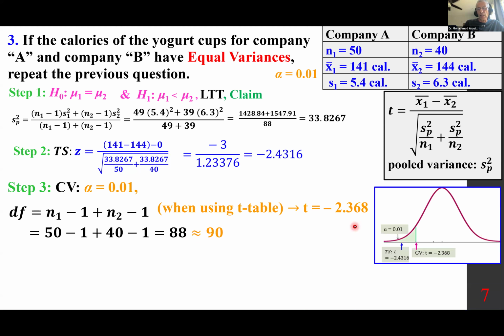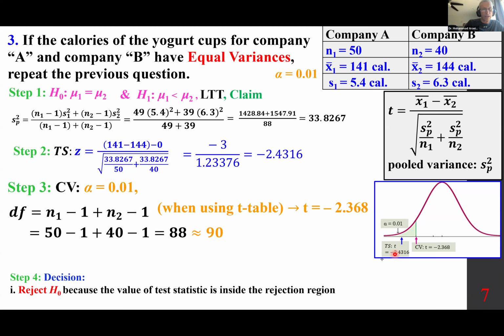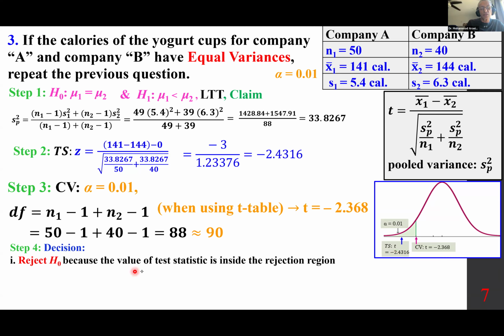Let's do the drawing. The critical value t is negative 2.368, and the test statistic of negative 2.4316 is way into the rejection region. So you're going to reject H0, because the value of the test statistic is inside the rejection region.